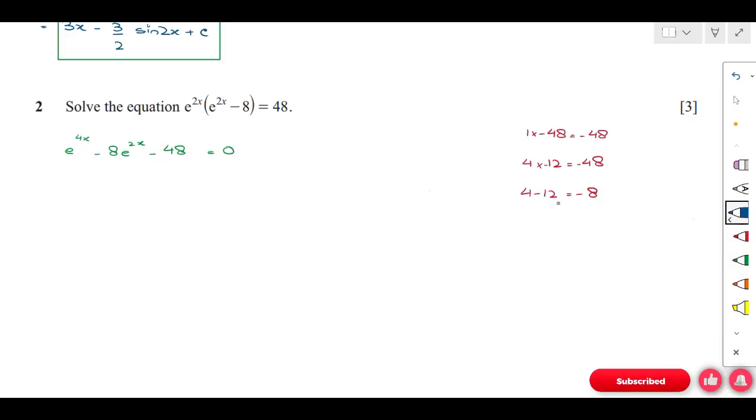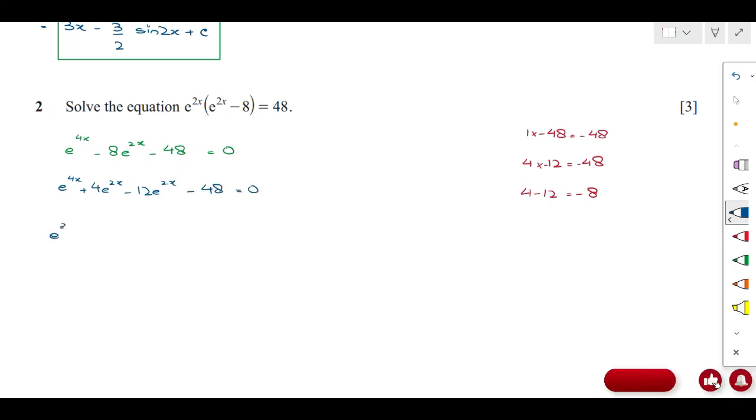So let me break this term. e to the power 4x is as it is, negative 8 is broken into 4 and minus 12. So plus 4 e to the power 2x minus 12 e to the power 2x, minus 48 as it is, equals 0.